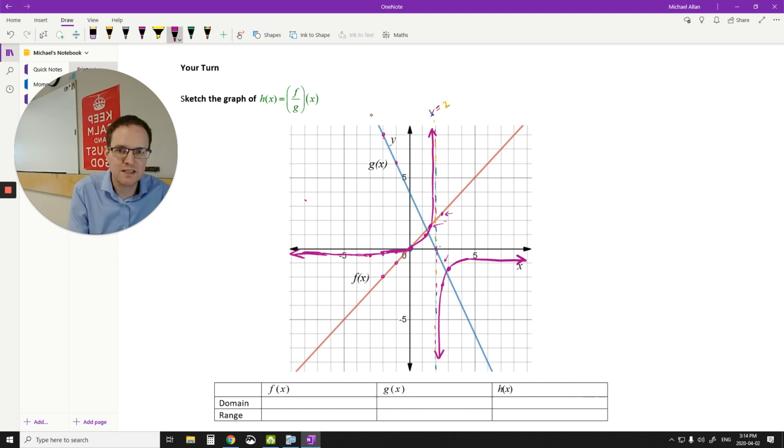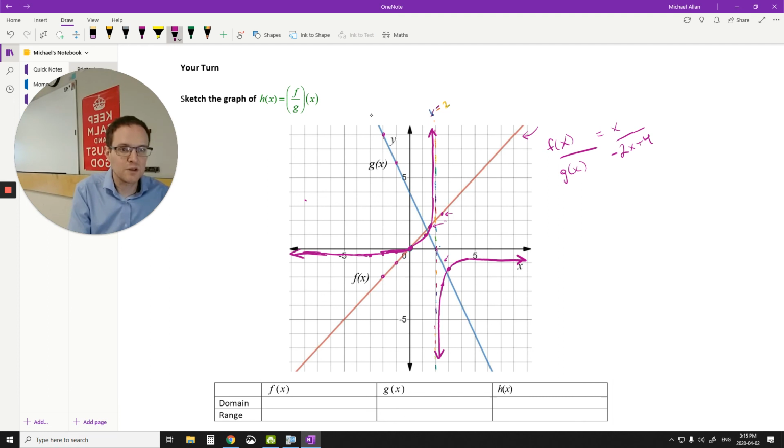is the 2 lines that we're dividing here. So f of x, this line here, is x. That's all. It's just x. That's all that equation is. That's f of x. And then I'm dividing it by g of x. And g of x is going to be -2x, because it's 2x plus 4.